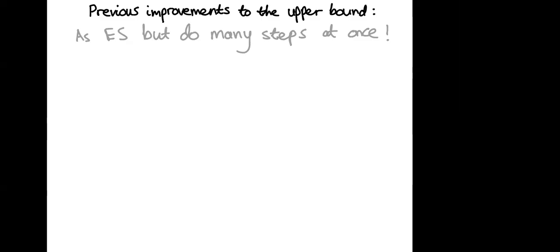But what would be ideal is to do quite a few red steps. If you can do quite a few and really just be losing a factor of 2 each time, if you can just lose the factor of 2 each time, but do a large number of steps at once, everything just works a bit better with the calculations, and you just get a slightly better bound.